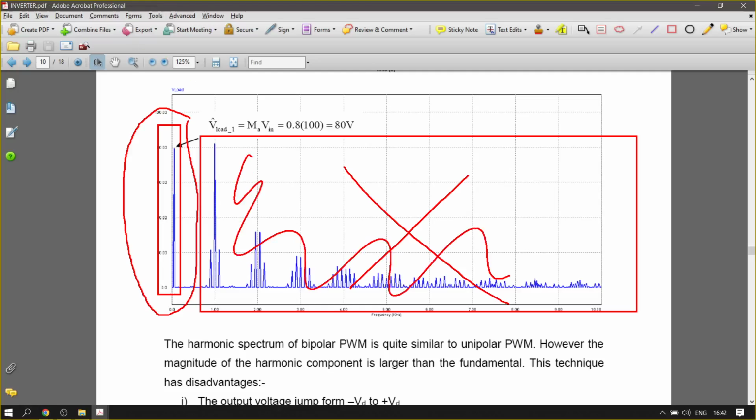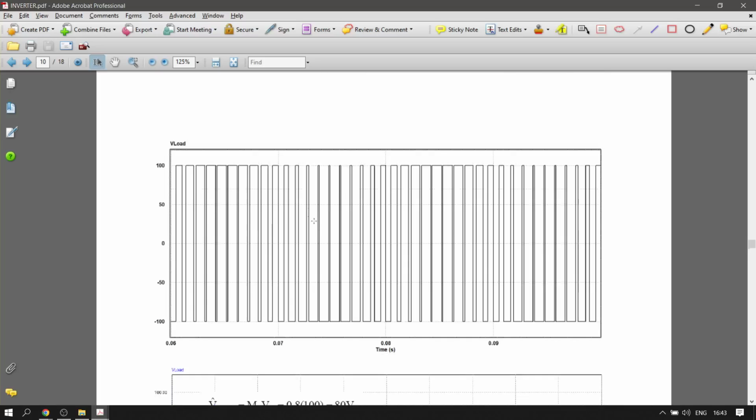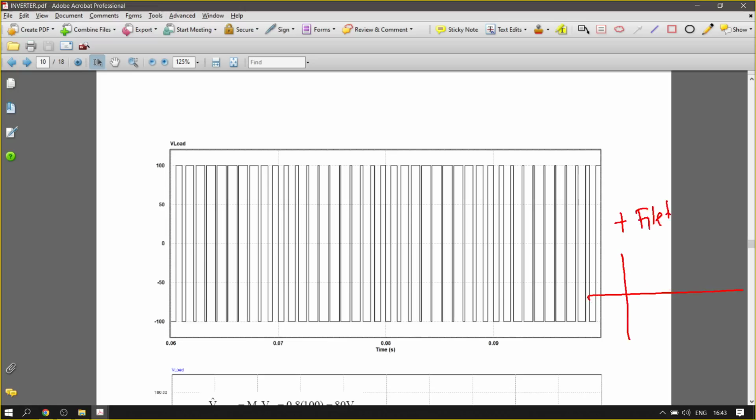Maksudnya selepas ada filter tu, let's say kita add a filter here. So selepas filter ni dia akan jadi a nice sinusoidal signal.